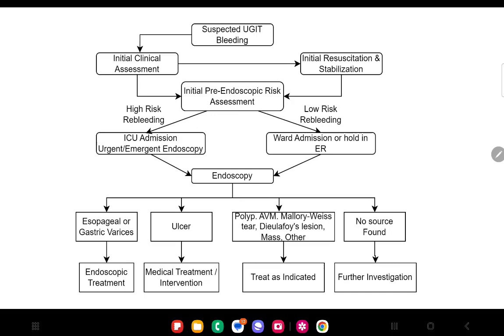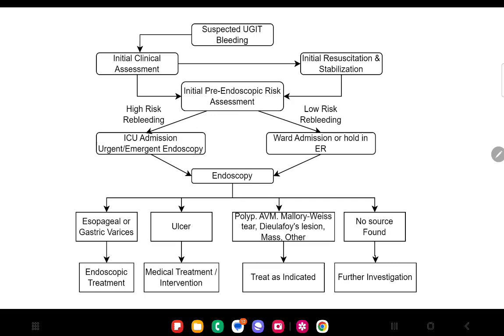Few causes like polyps, arteriovenous malformation, Mallory-Weiss tears, or a Dieulafoy lesion can be dealt with. If you find a mass or a polyp, you can deal with it endoscopically. If you cannot, you can delay it for later.